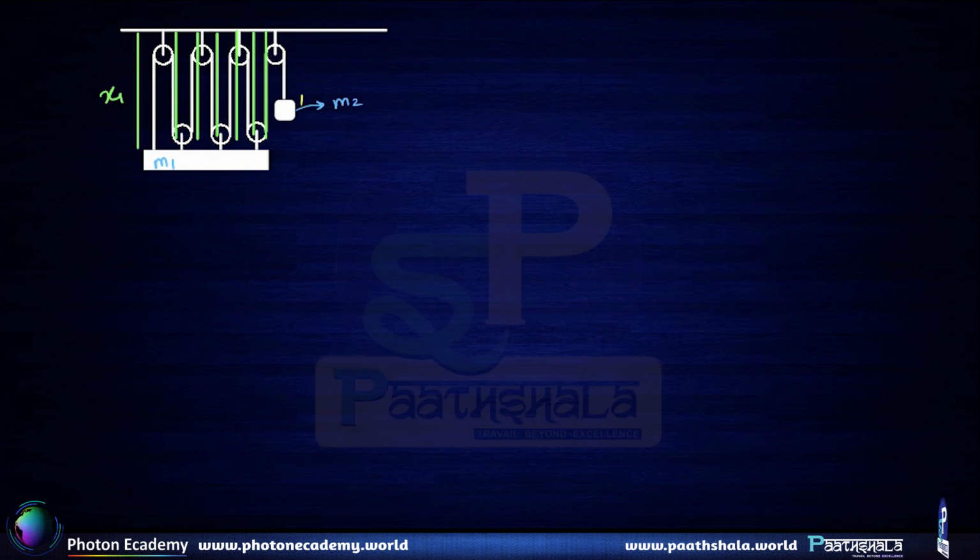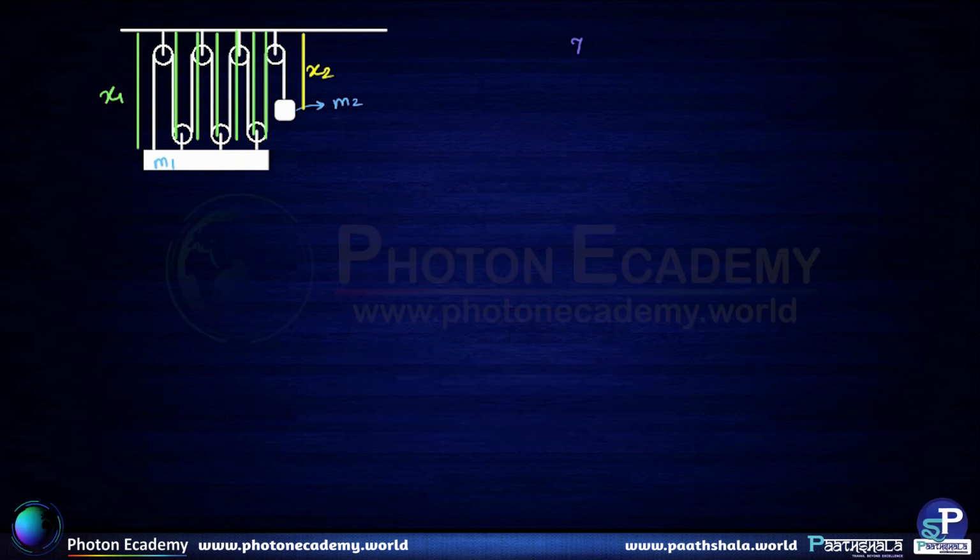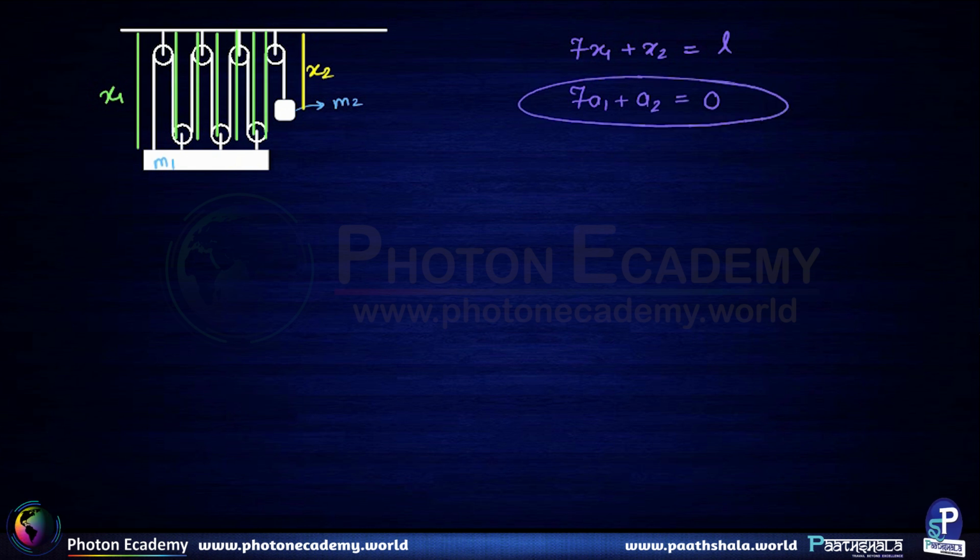This fellow, the mass M2, has the length x2. We can simply write down 7 times x1 plus x2 happens to be the length of the string. On double differentiating we get 7a1 plus a2 equal to 0. So this is the first equation.